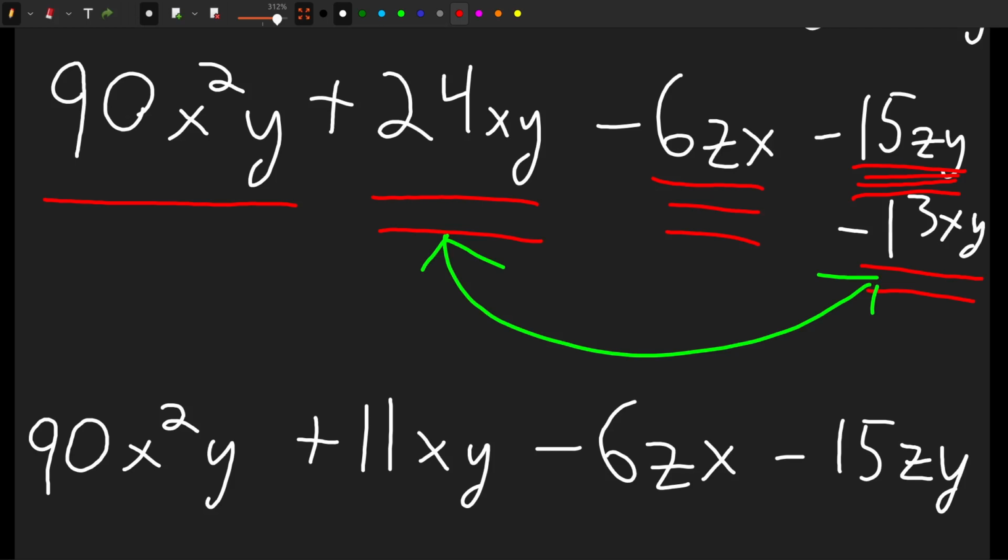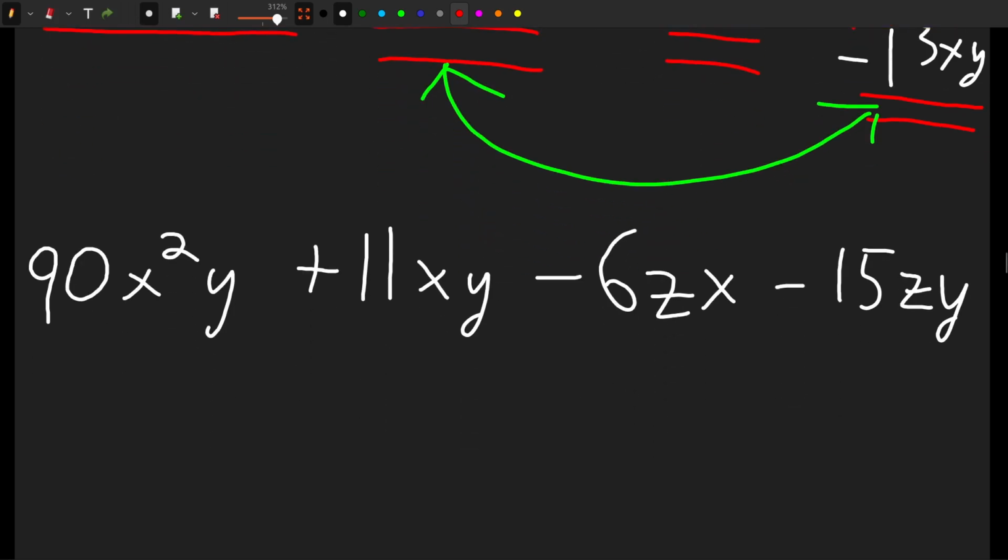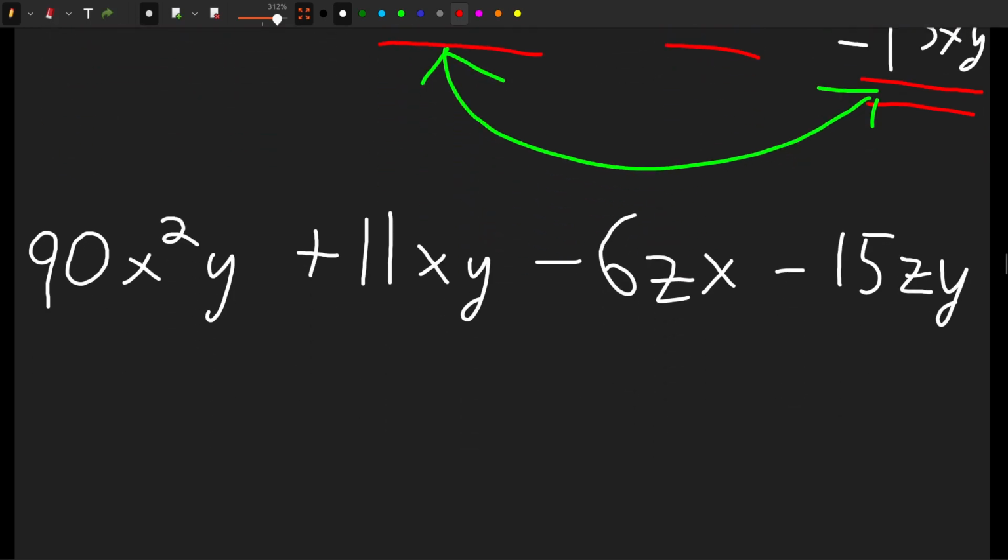Okay. In this problem here, I have one squared term, which is the x squared in 90x squared y. That's my highest power term, so I'll leave that at the front.